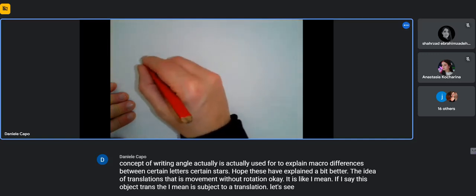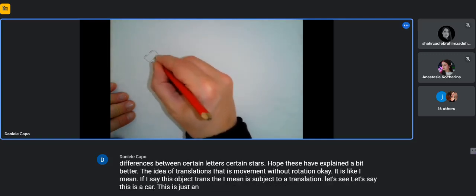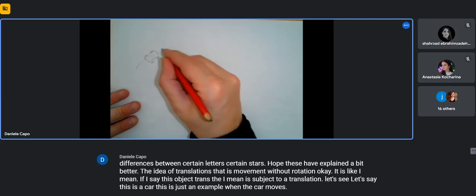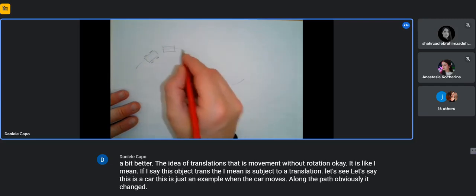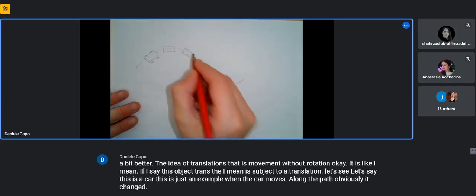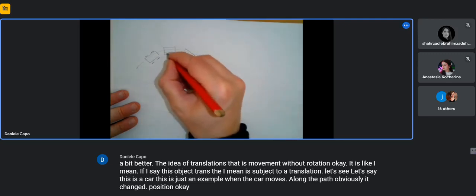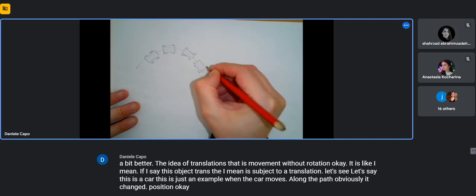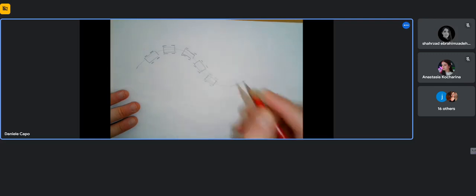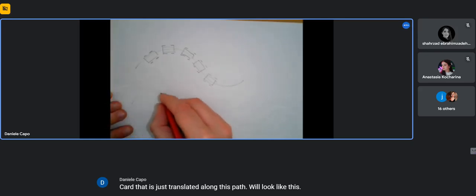let's see. Let's say this is a car. This is just an example. When the car moves along a path, obviously it changes position. A car that is just translated along this path will look like this.